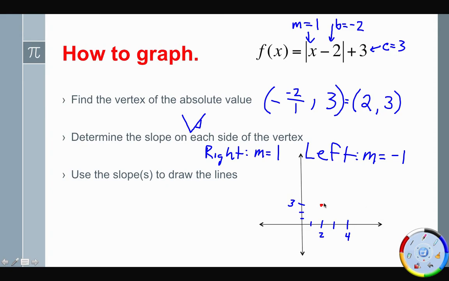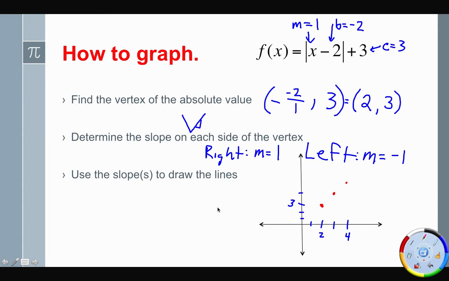That is the vertex. And in order to create the rest of the line, we're going to use the slope on both sides. So if I go a slope of 1, I'm going to go right 1, up 1, and up 1, right 1. And I'm going to create those dots like that.